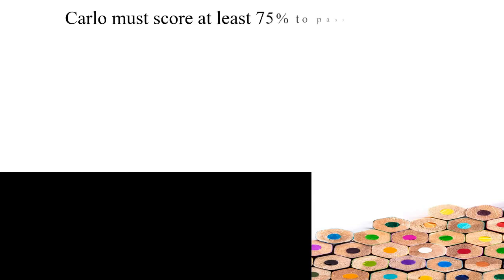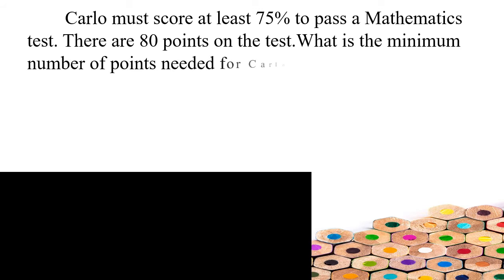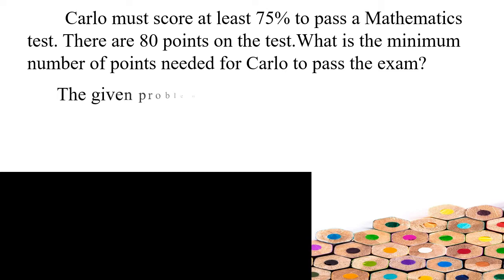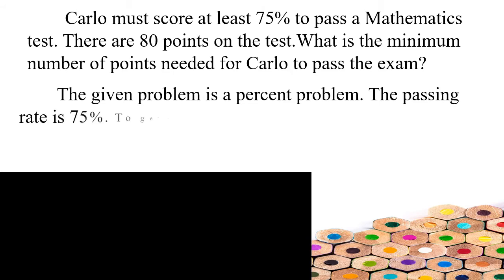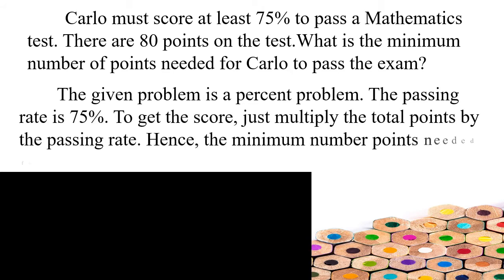Let's think and understand. Carlo must score at least 75% to pass a mathematics test. There are 80 points in the test. What is the minimum number of points needed for Carlo to pass the exam? The given problem is a percent problem. The passing rate is 75%.